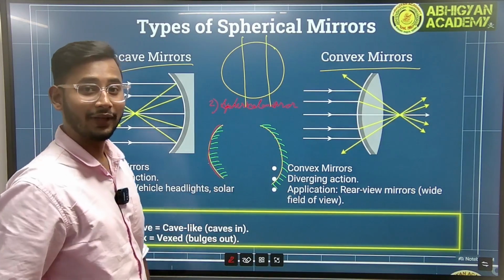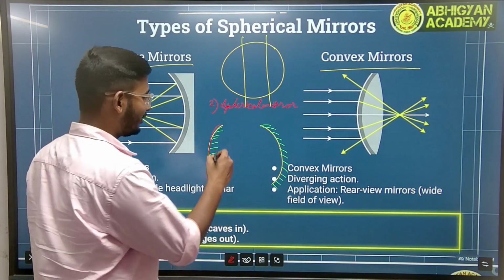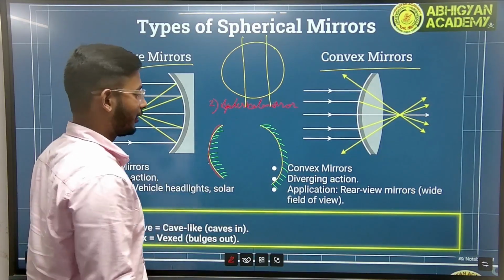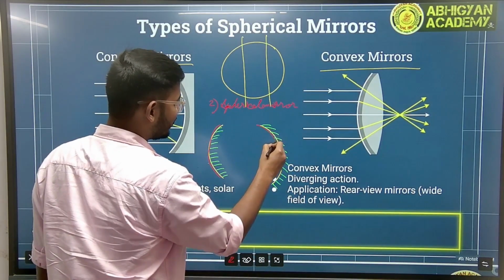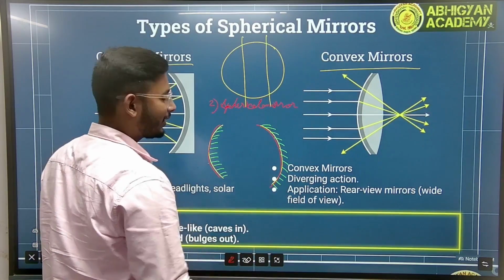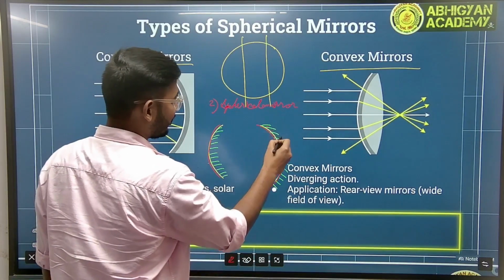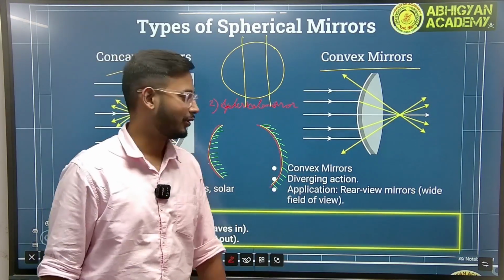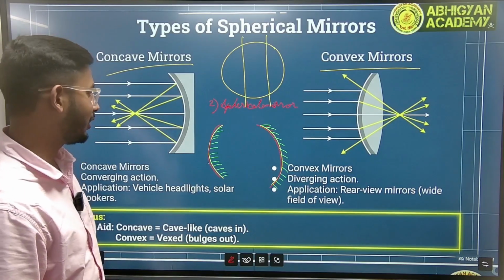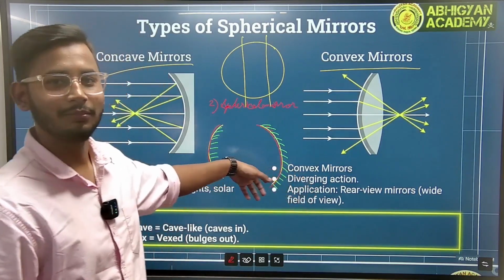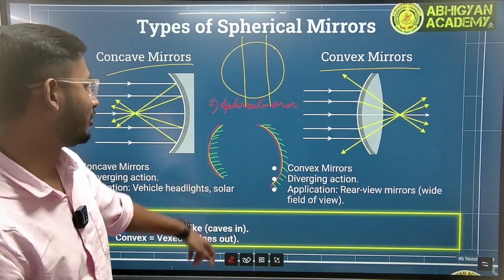This side is the reflecting side, and this side is the painted side. For this mirror, this side is the reflecting side, and this side is the painted side. So now they become mirrors.